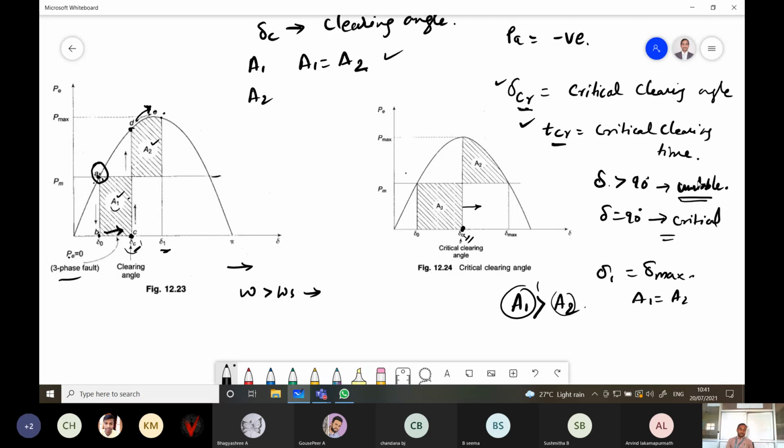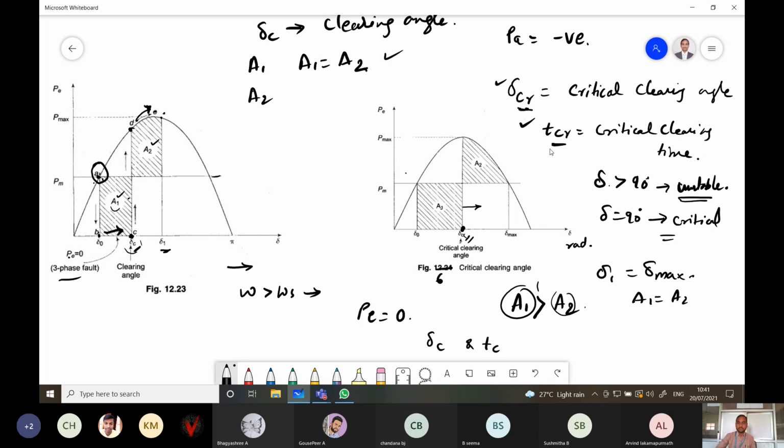Let us consider a simple case of Pe equal to 0 during the fault to get the relationship of delta C and TC, with all angles considered in radians only. Now we can find out delta CR and TCR from the expression, from figure 6.